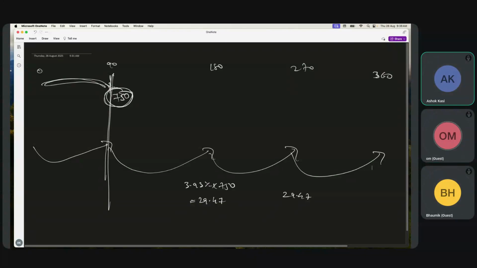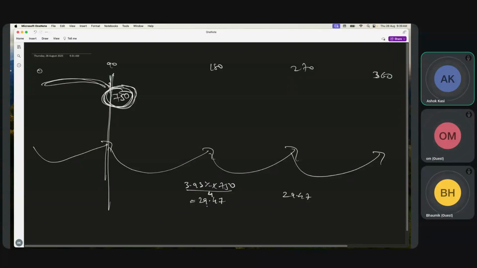This is the resettlement. Every 90 days, it will be settled. We have to take the notional principal into consideration here? Yes, notional principal is only 750, so it will be priced at par.